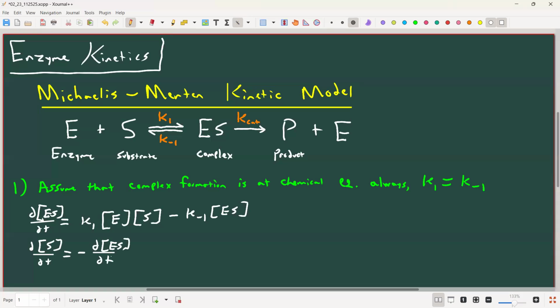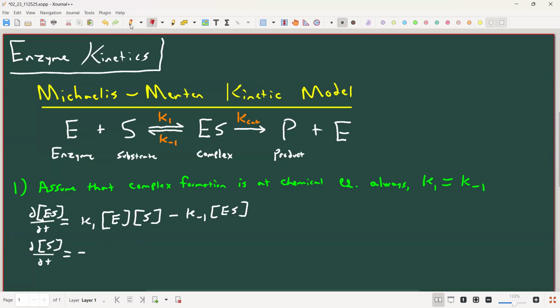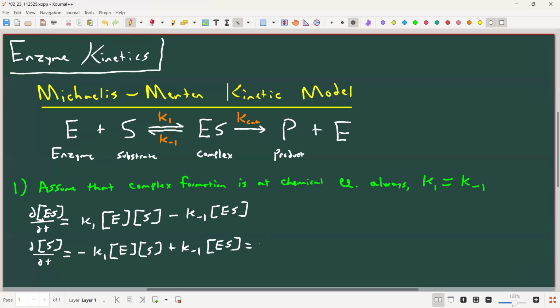So, sorry, going backwards. Okay. It's the opposite of the formation rate of... Oh, sorry, that's not true. Let me start over again. Where this is equal to minus K1 ES plus K minus 1 ES. Right, and that is the negative of it, right? So minus dES/dt. So the destruction rate is equal to the opposite of the formation rate, right? Which is exactly what you were thinking.